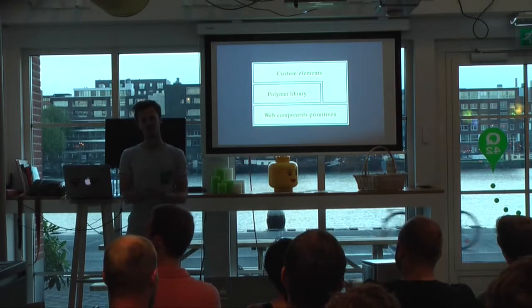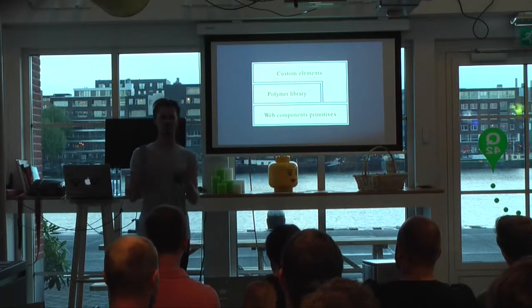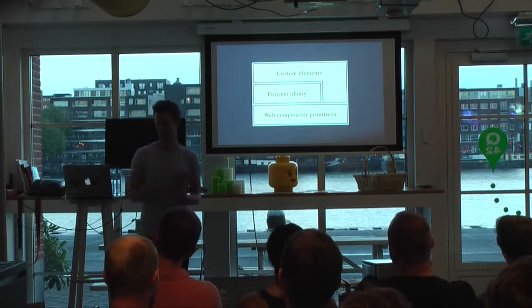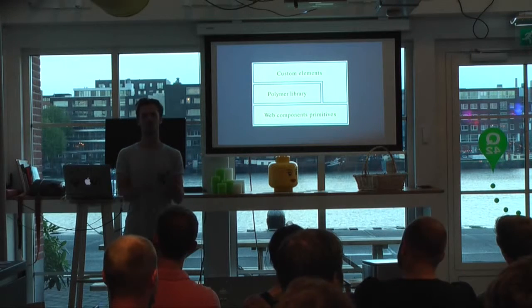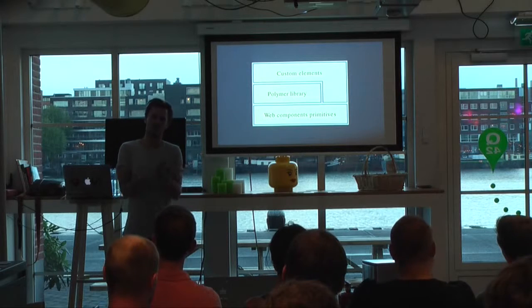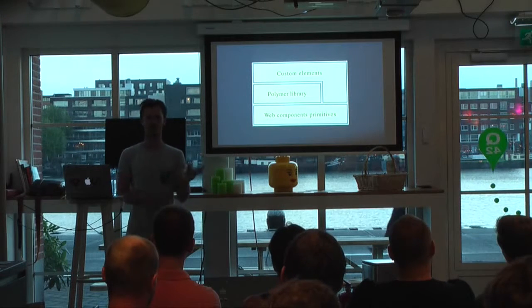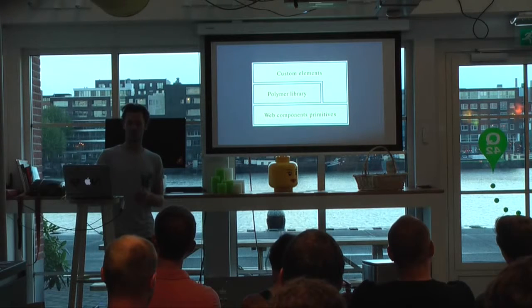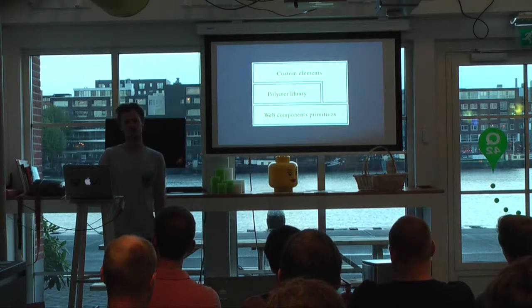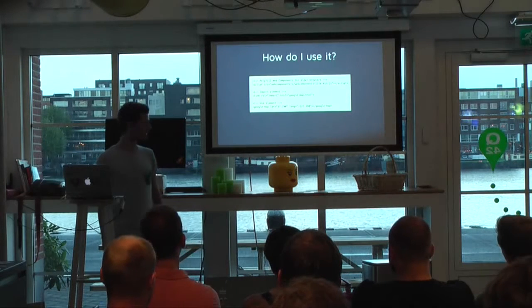It allows you to create custom elements, but in a more intuitive way. You can still natively create your own custom elements if it doesn't suit your needs. You can use it together with other custom elements, but it allows you to build your web components in a more intuitive way.